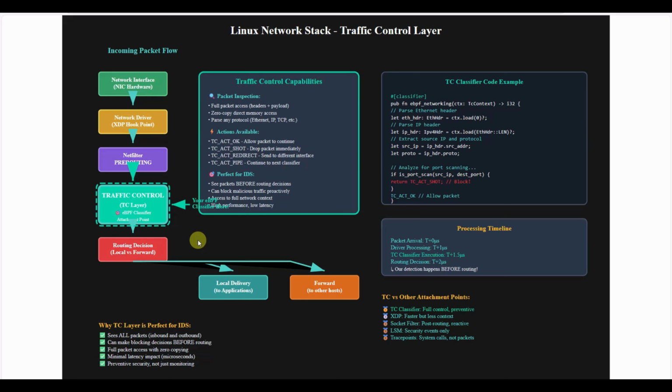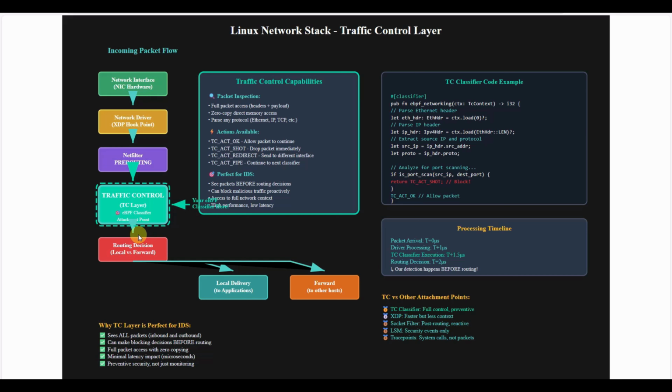A classifier is basically a special type of eBPF program that gets attached to the TC layer, and when a packet arrives, it does the following things. First, it inspects the packet contents like the headers and footers. It will analyze the pattern and update the statistics. It will make a decision about what happens next, and then it drops, redirects, or passes the packet through.